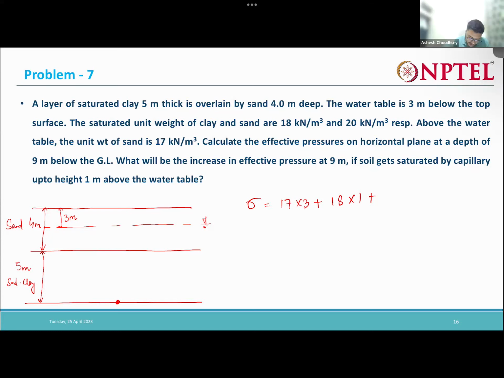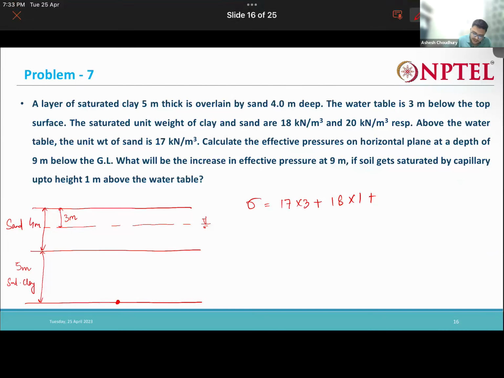The saturated unit weight of clay should be 20 into 1, sorry, yes, 20 into 1, plus 18 into 5.